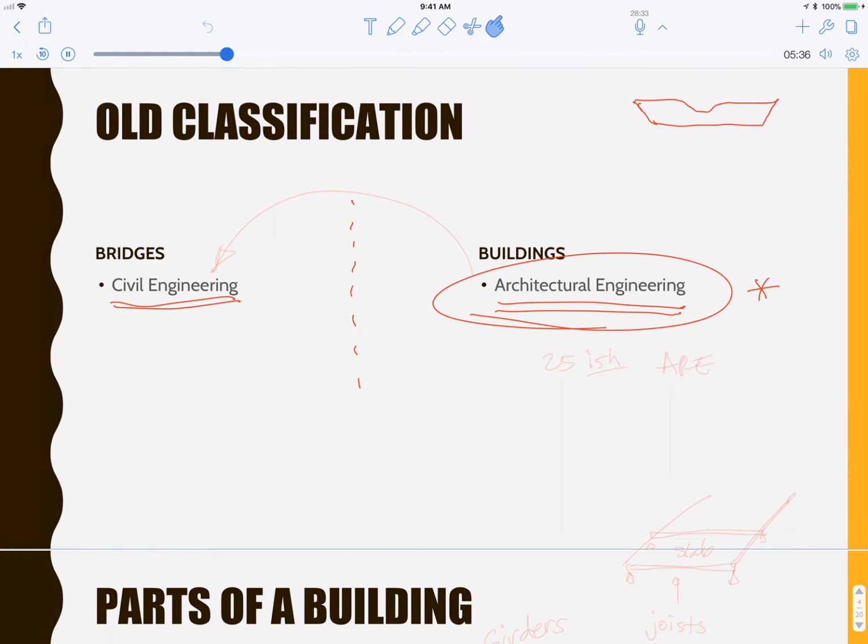There are about 25-ish or so ARE programs in the country. So it's kind of unique to have an ARCE program. Most other universities, they just took ARCE or the structural engineering for buildings and put it into civil engineering. There are over 300 civil engineering programs in the country, and they cover all of that.